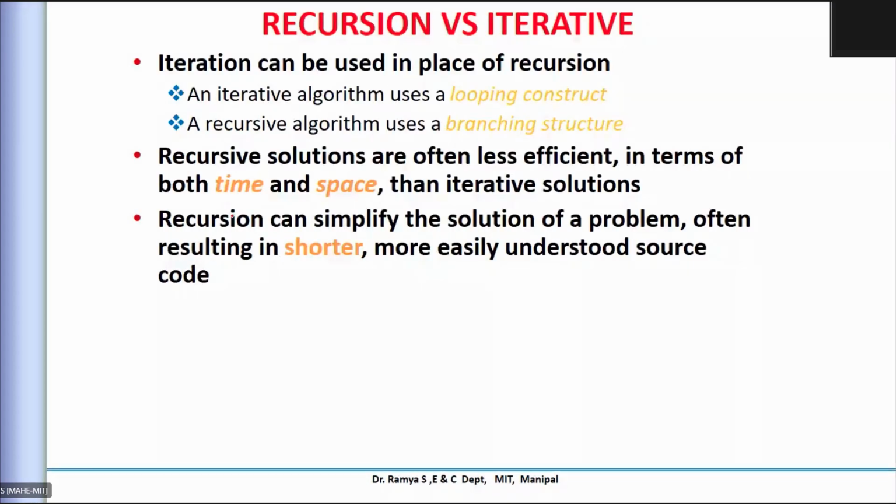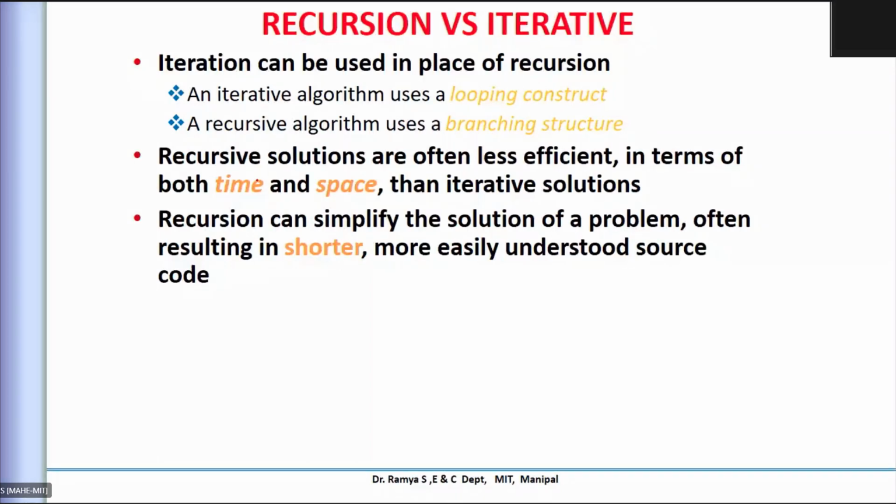So this is the important. In case of a looping, I have an iterative manner, but in a recursive algorithm, we'll be having an if condition branching structure. So a recursive solution is often less efficient in terms of time and space. Why?